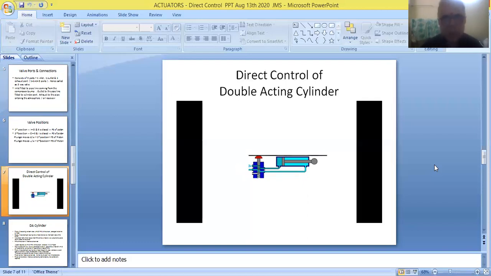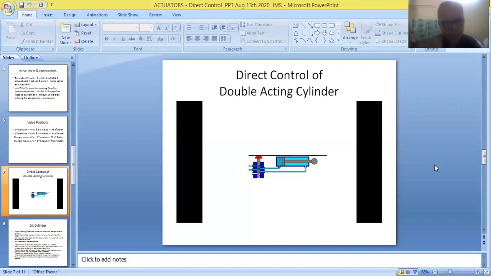So friends, we have talked about direct control of a single acting cylinder. Now we are going to talk about the control of a double acting cylinder. We can see the arrangement of a double acting cylinder.